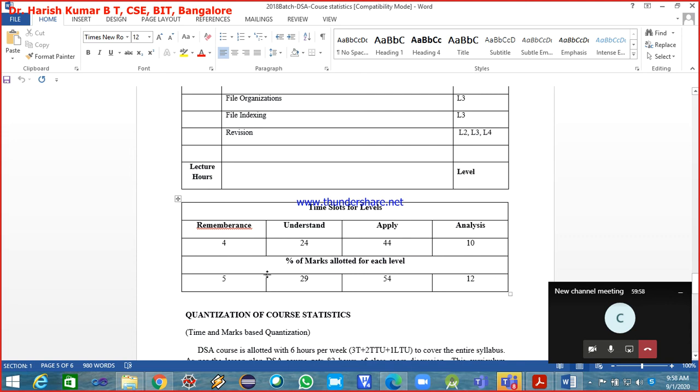Allotted for each level. Since the remembrance level is only 5%, it is contributing 5%, and this is 29% as already told.